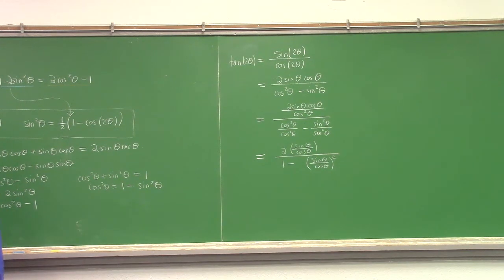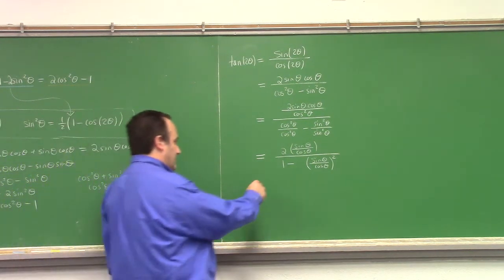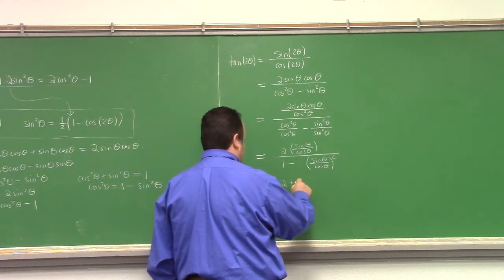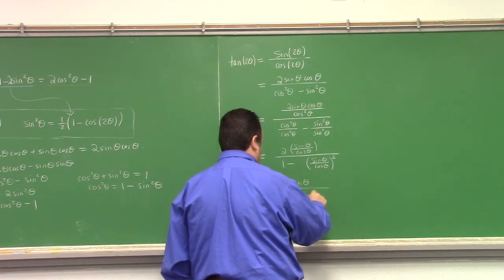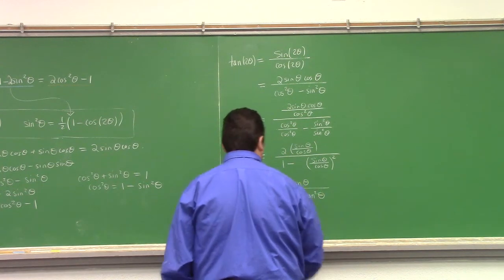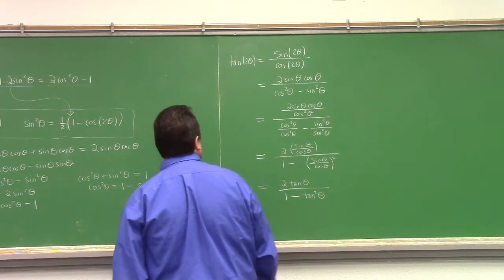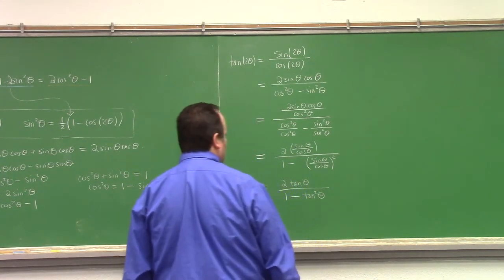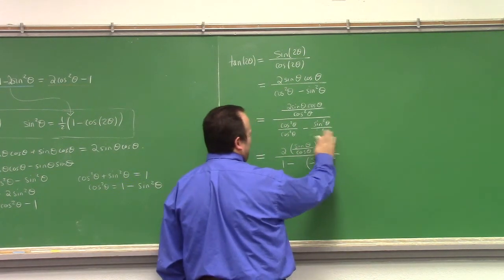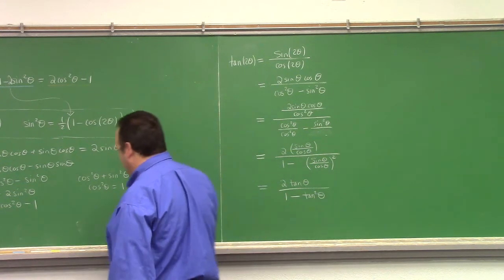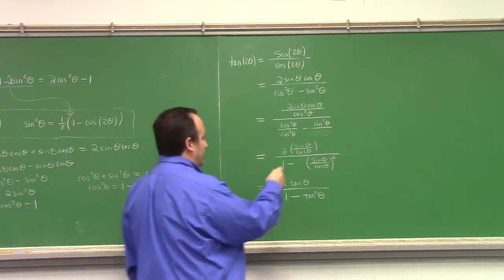Which is 2 tangent theta divided by 1 minus tangent squared theta. Oh, yeah, I'm sorry. I'm an idiot. That was supposed to be cosine squared. I said cosine squared, and I wrote sine squared. Dummy. Me, not you.